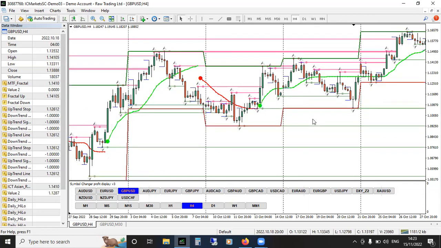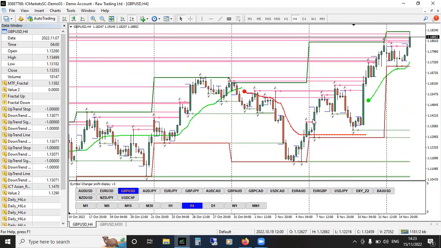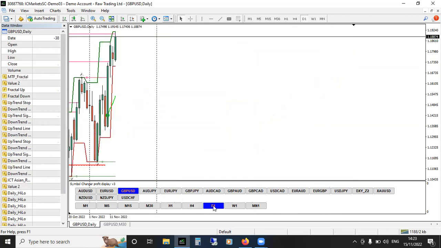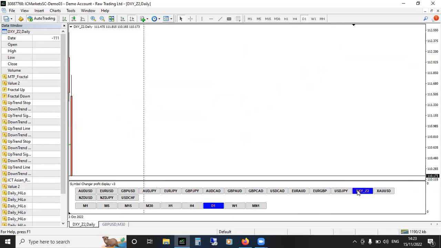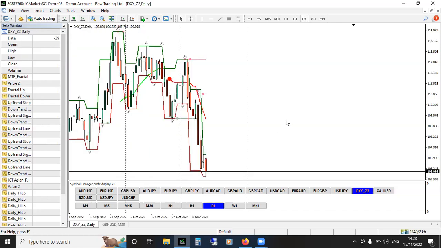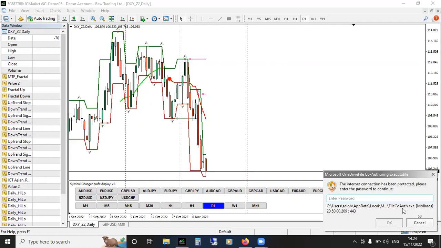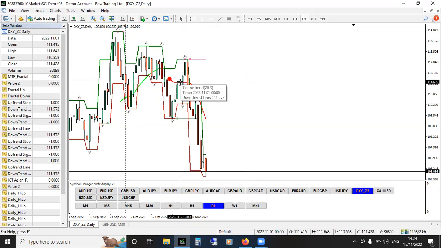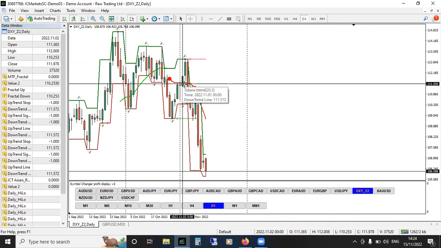So let's quickly look at what happened last week and then the moves that we could anticipate for this week. If we go to the daily, we'll start the analysis from DXY. DXY is currently bearish. If you are trading the way we like to trade, one of the things you should learn to do, especially when trading the USD pairs, which are basically the favorite pairs to trade, is always make sure you are looking at what DXY is doing as well.